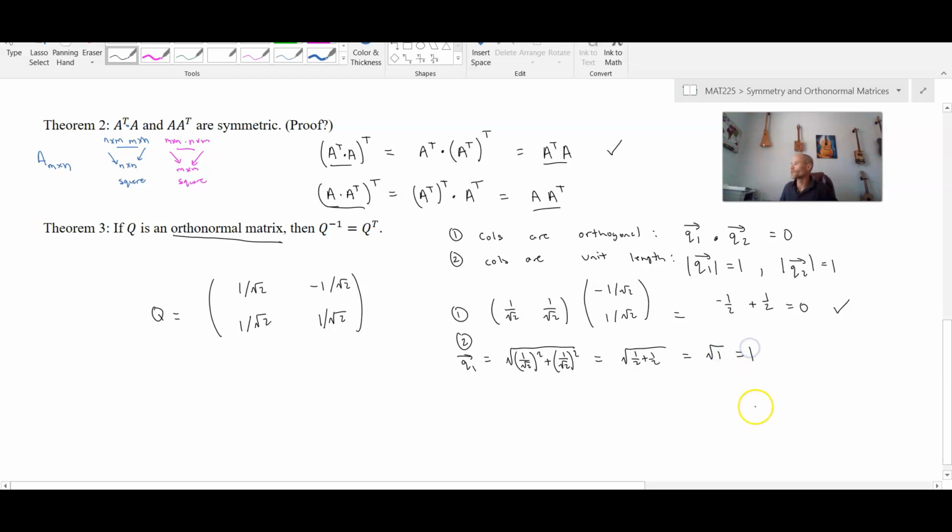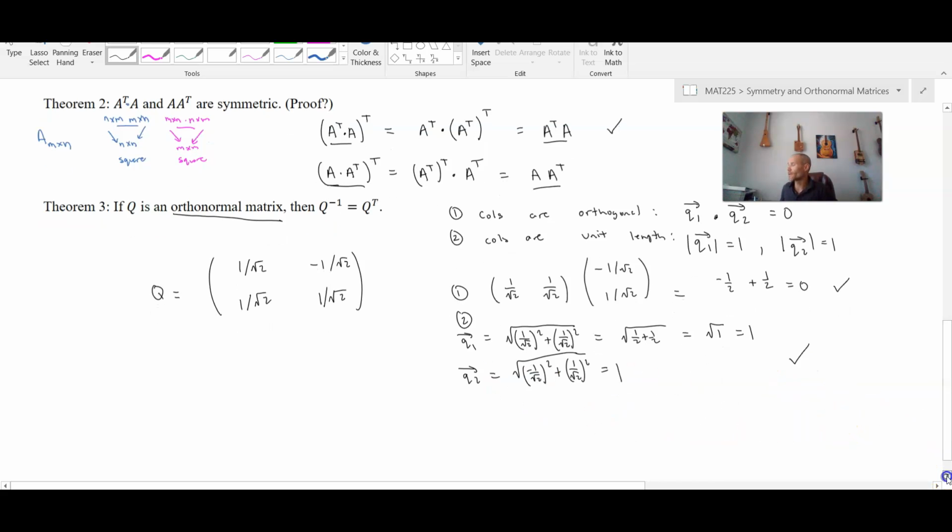So we end up with the square root of 1, which is 1. Q2 will be a similar approach, except one of them will be negative 1 over the square root of 2, and that gets squared, so that still gives me positive 1/2. And then 1 over the square root of 2 squared, and that's going to equal 1 as well. So condition 2 is satisfied as well.